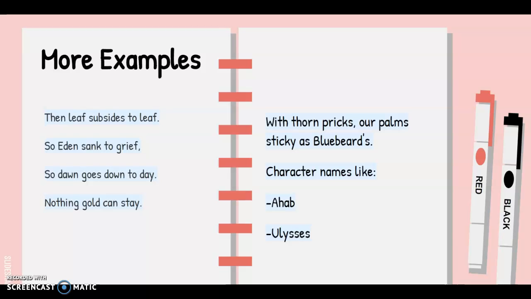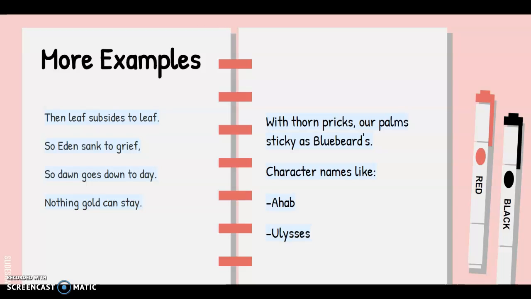So here's an excerpt from a poem by Robert Frost. "Then leaf subsides to leaf, so Eden sank to grief. So dawn goes down to day, nothing gold can stay." So take a look in that second line at this reference to Eden, as in the Garden of Eden. Now, a lot of people may already be familiar with the fact that this is a biblical reference. But even if you're not, we might be able to tell that this is an allusion because it's capitalized.